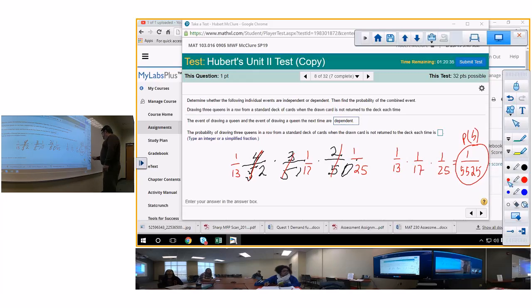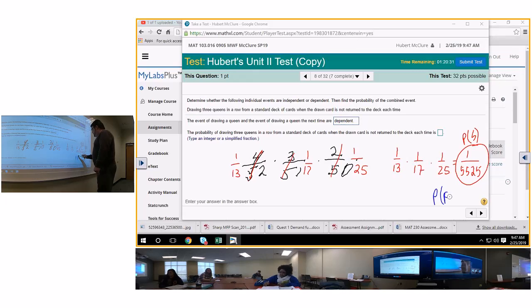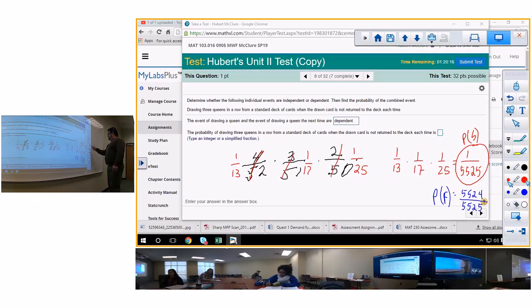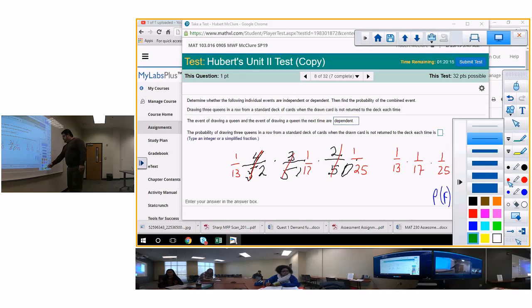We'll do that in blue. Then the probability of failure is the complement, 5524 over 5525. So let's take the probability. I'm going to go over here. I'm just doing this as an example.